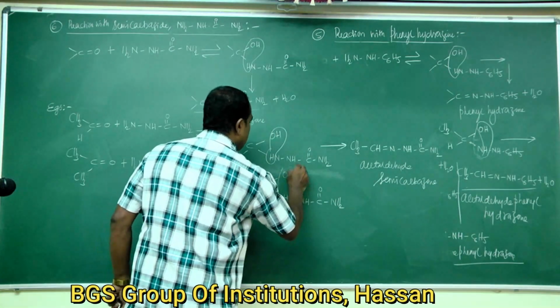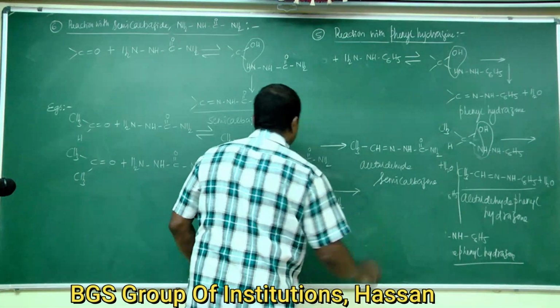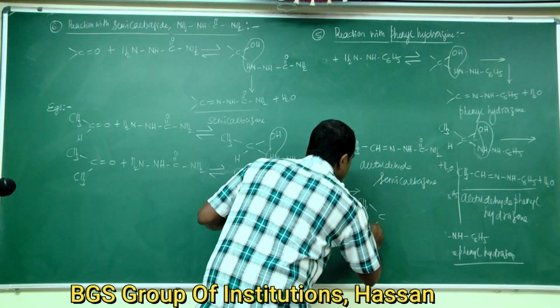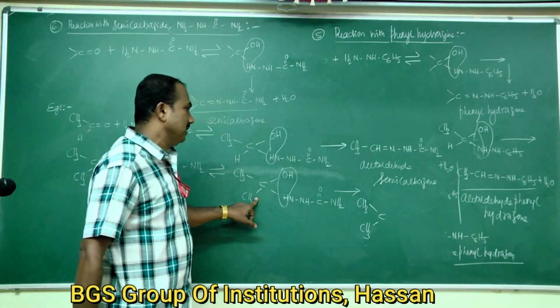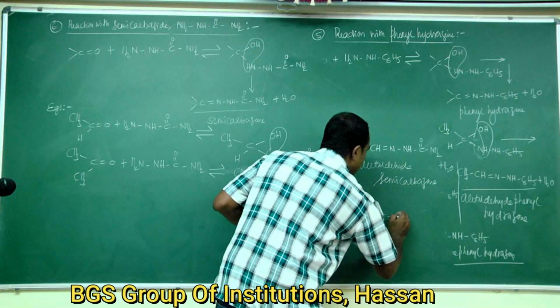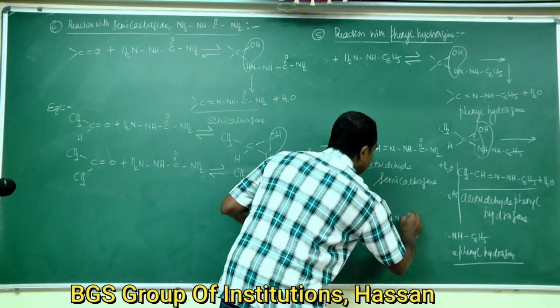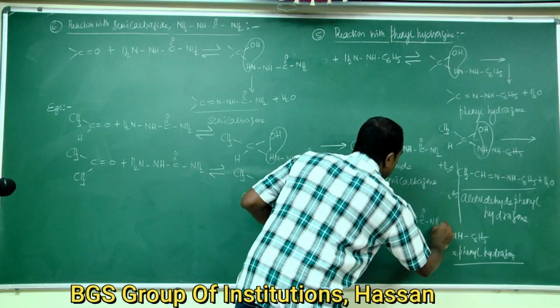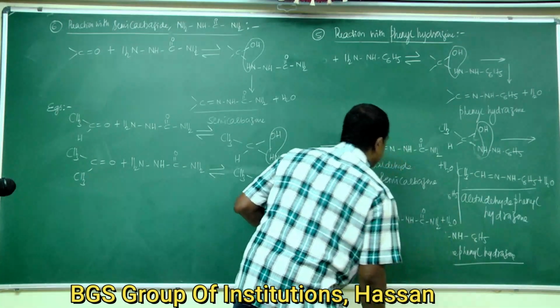So this on dehydration gives the product CH3-C-CH3 double bond N, NH, CO, NH2, plus H2O.